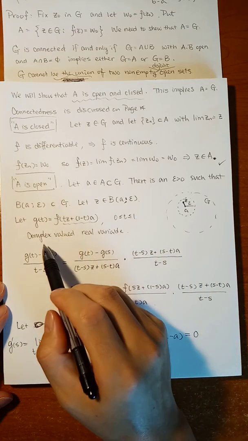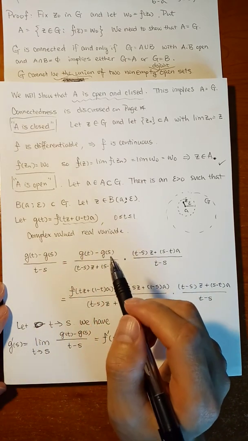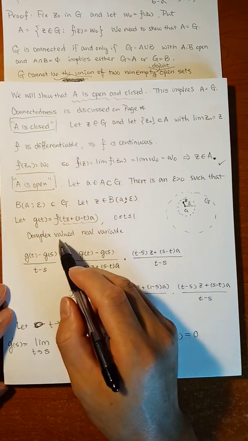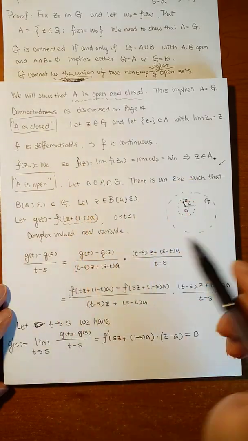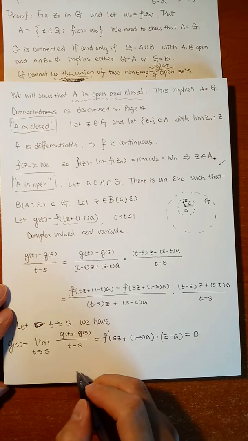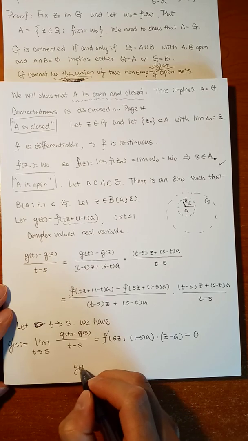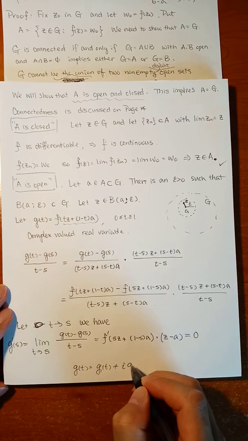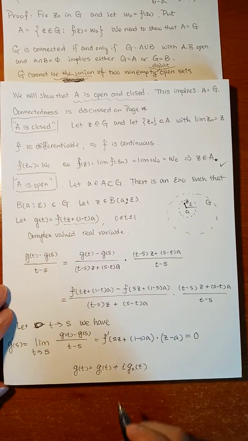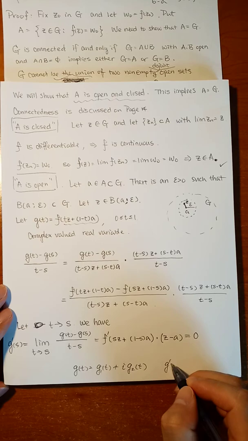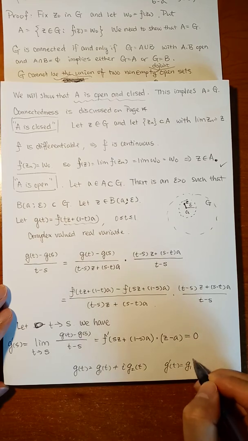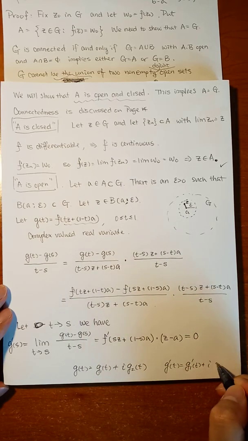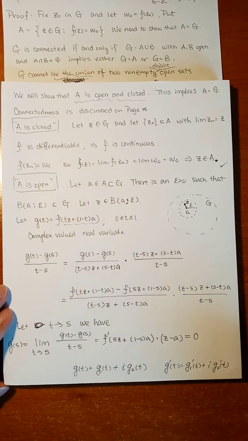And g is a complex valued real variable function. Complex valued, actually just two-dimensional. When you have a complex value, you can consider g of t as g1 of t plus i times g2 of t. And g prime will be g1 prime of t plus i g2 prime of t.